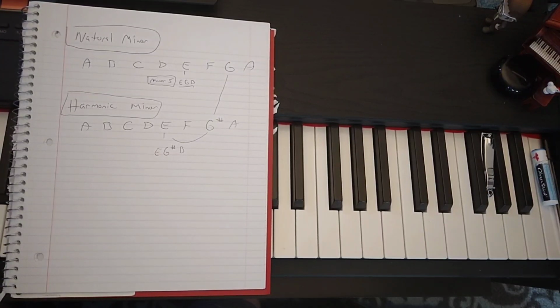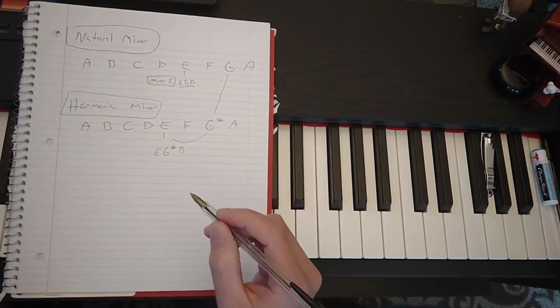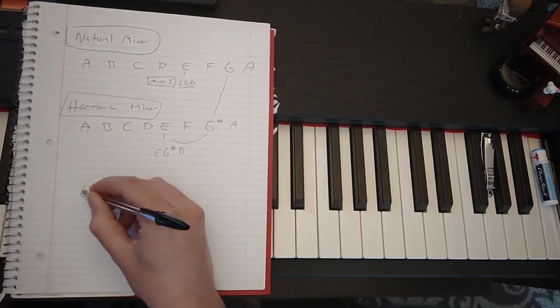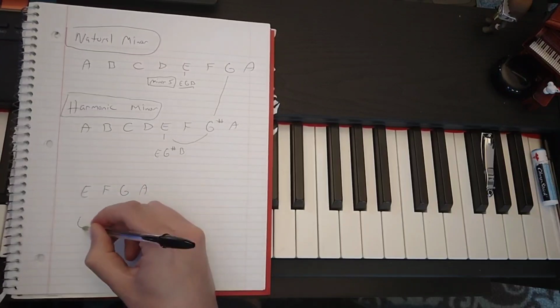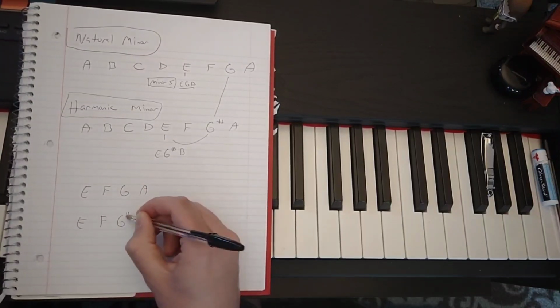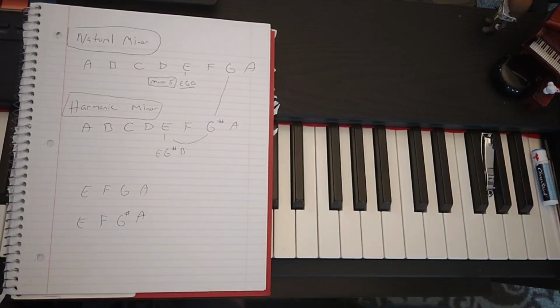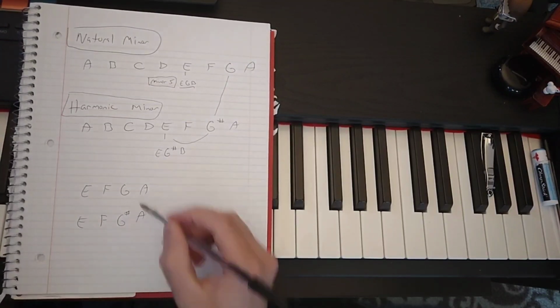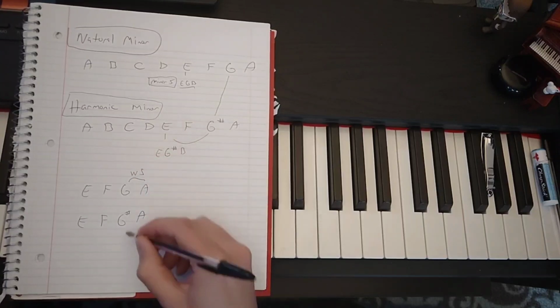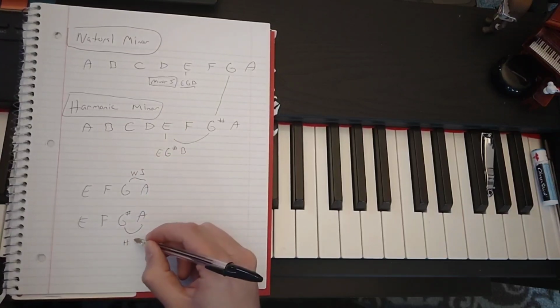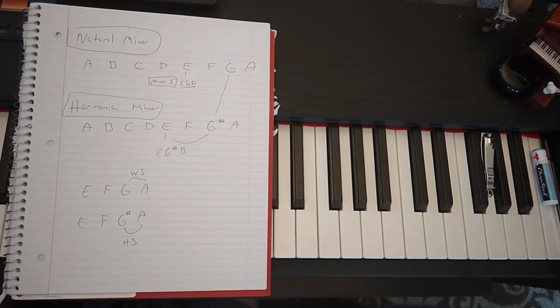Here's the reason someone would want to do that. All right, if you look at the last few notes of the scale, I'm going to write this in both variations. Make sure you guys can see that, all right? The distance between here and here is a whole step, and the distance between here and here is a half step.